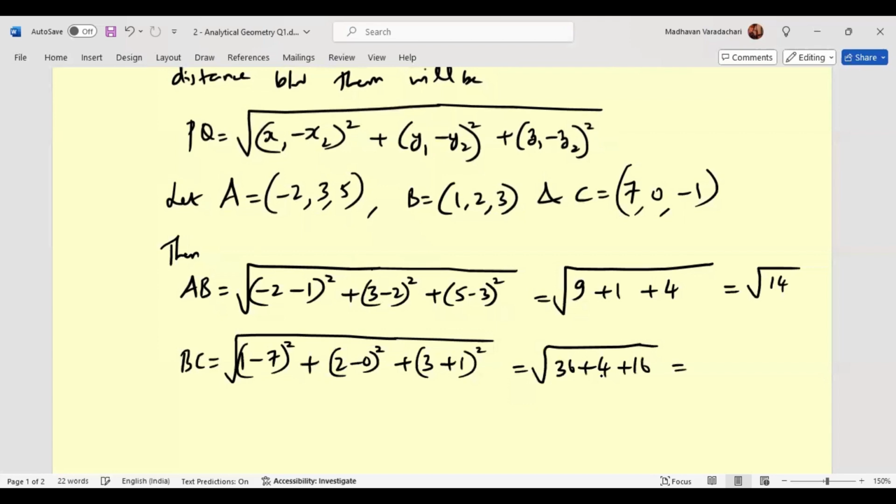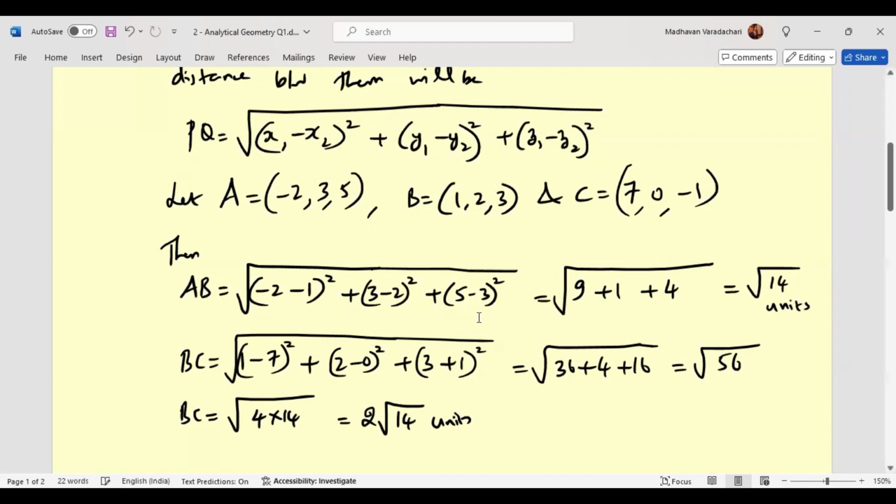So this will give us root of 56. Root of 56 can be written as root of 4 into 14. That means it is 2 root 14 units. Since we don't know what the distance units are, we will simply write units.